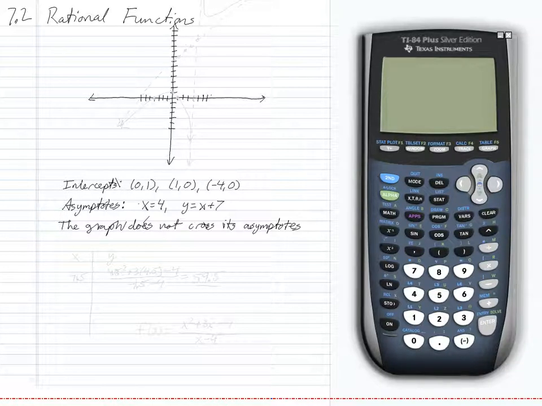So we have collected our information about this graph that we've gathered so far. We know our intercepts at (0, 1), (1, 0), and (negative 4, 0).